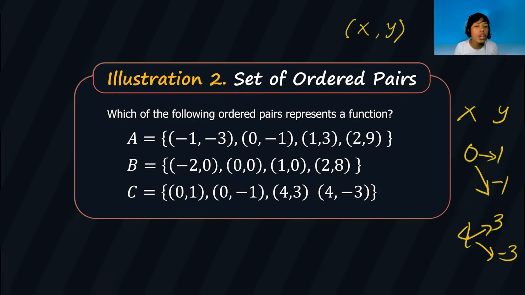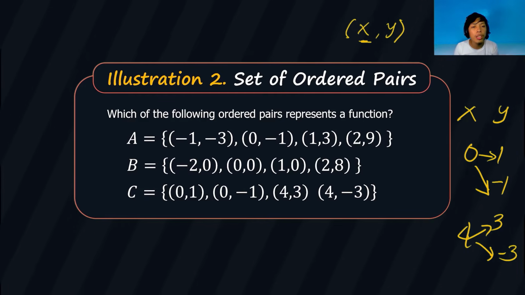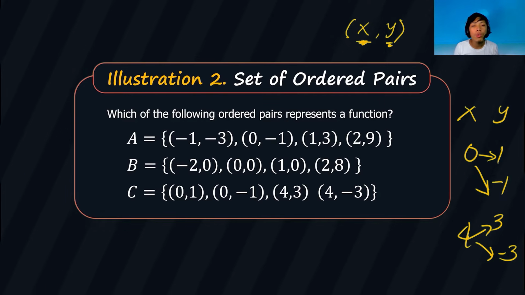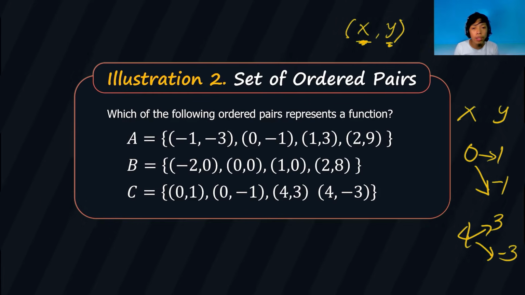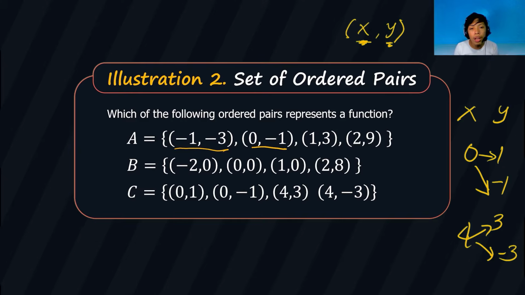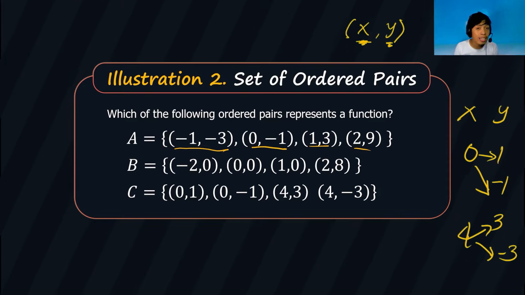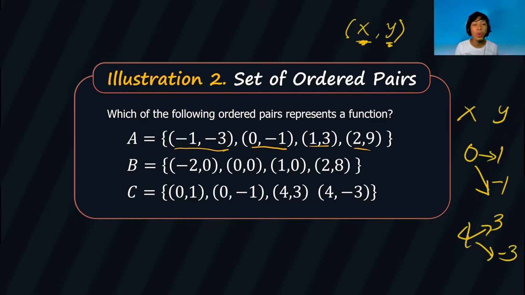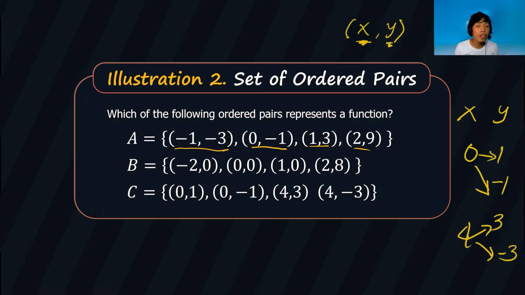You just need to check the abscissa, or x coordinate, and the ordinate, or y coordinate. Look at the abscissa: if two elements in the set contain the same abscissa, or the same x coordinate, then that set is not a function.